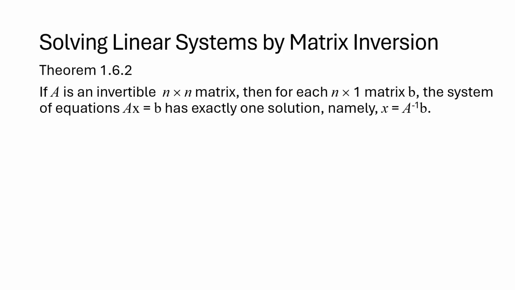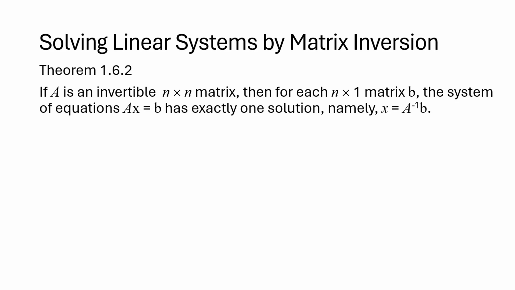So let's have solving linear systems by matrix inversion. We have studied two procedures for solving linear systems: Gauss-Jordan elimination and Gaussian elimination. The following theorem provides the actual formula for the solution of a linear system of n equations in n unknowns in the case where the coefficient matrix is invertible.